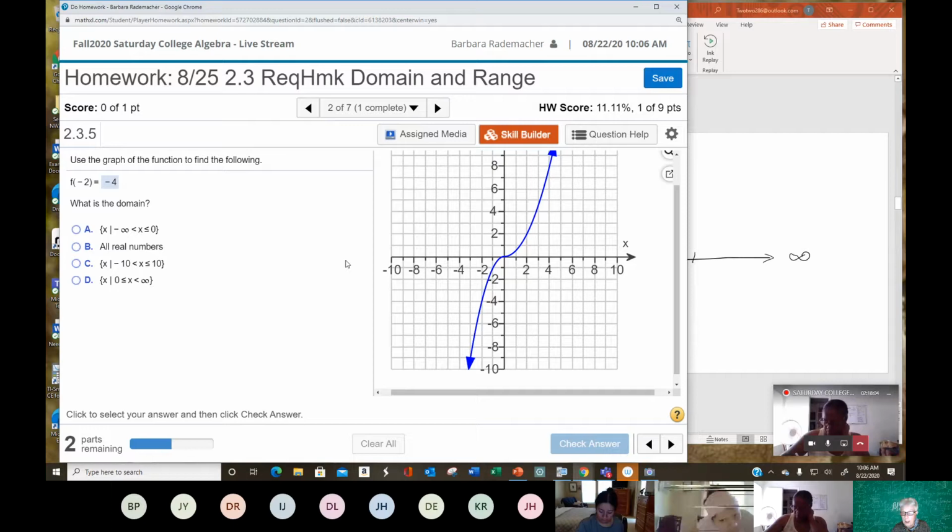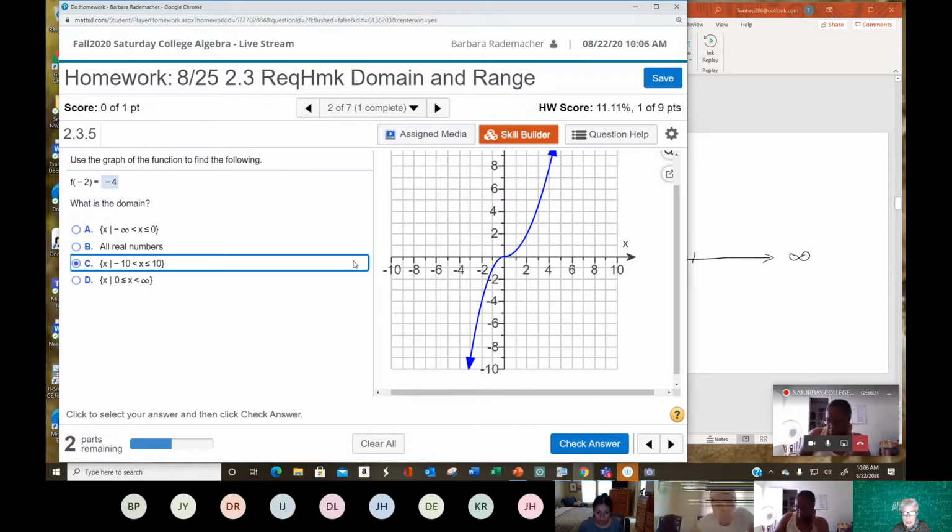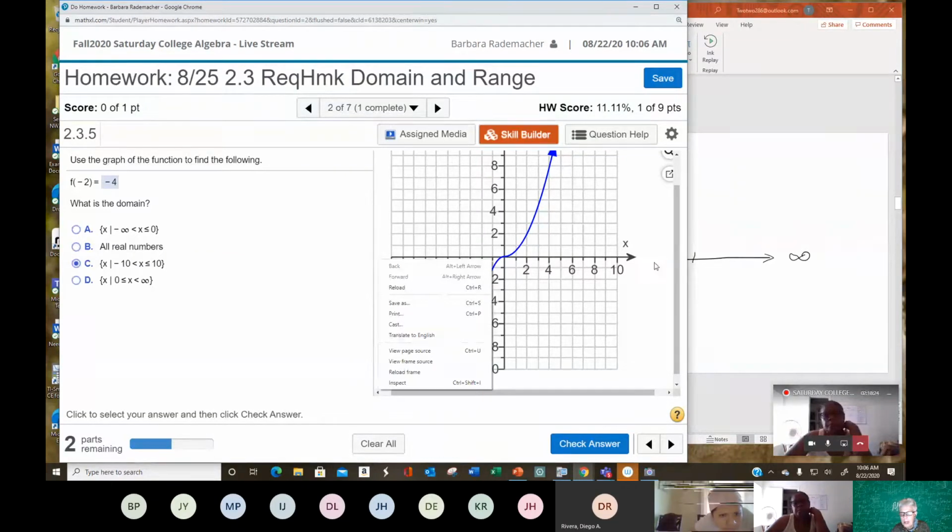That's the symbol of forever to the left. So if we try to not think about the up and down motion, but just the left and the right motion, the domain is going to go, we always say it goes from left to right, from negative infinity on the left to positive infinity on the right.